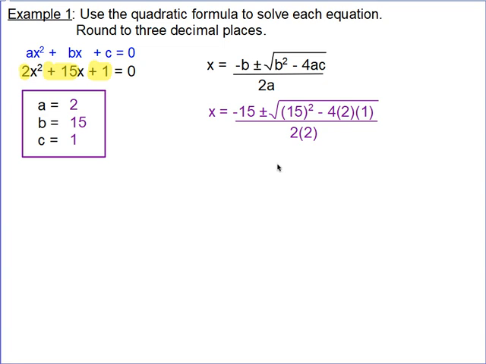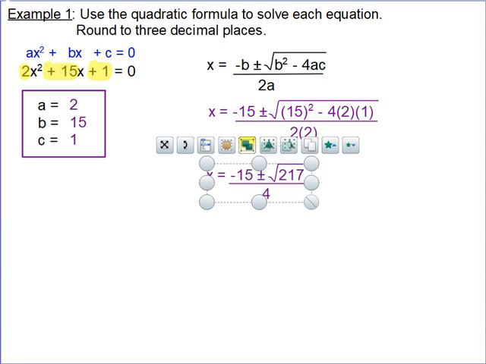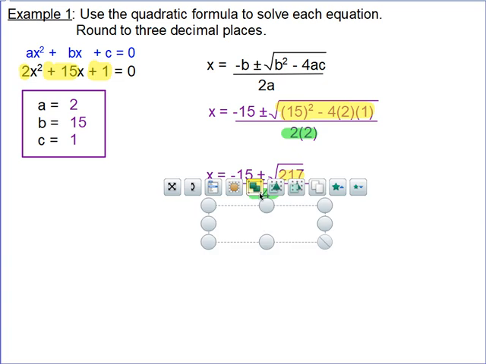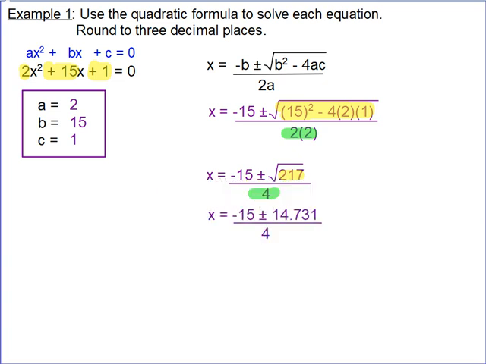And that's the first thing we attack here. And you should get 217 just underneath the square root. And of course, you got 2 times 2 is 4 for the bottom, right? Now, notice how we can't really do anything else. Like, negative 15, but sure, we can actually do the square root of 217, so maybe we should go ahead and do that. The square root of 217, the question says to use 3 decimal places, so we do that.